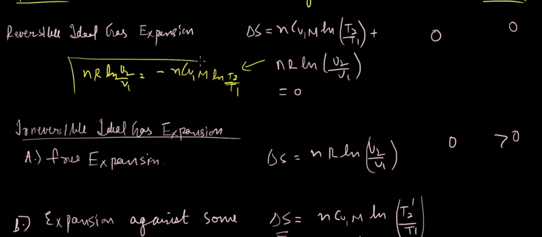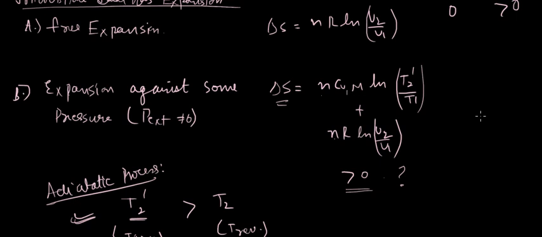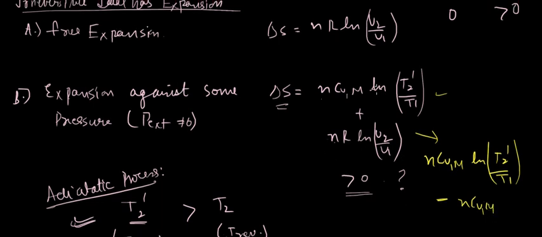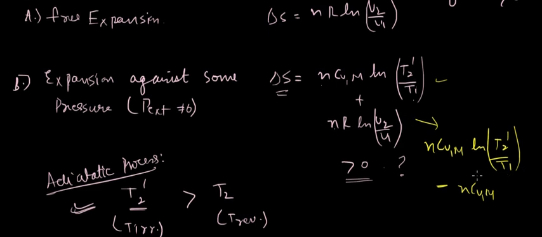Using this result, delta S is n Cv,m ln T2 dash upon T1 minus n Cv,m ln T2 upon T1.